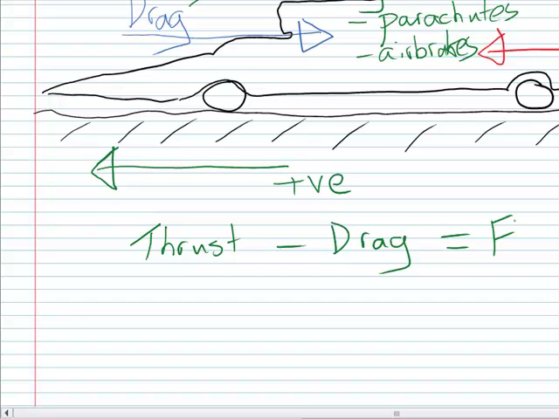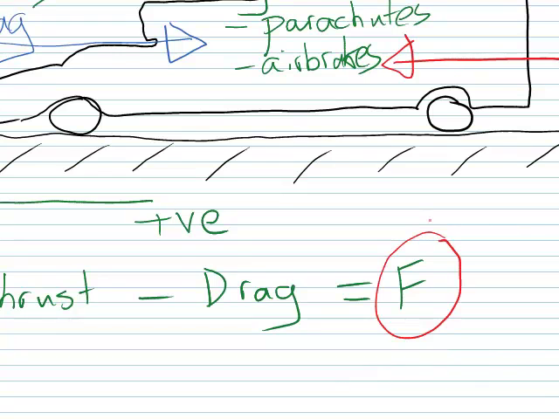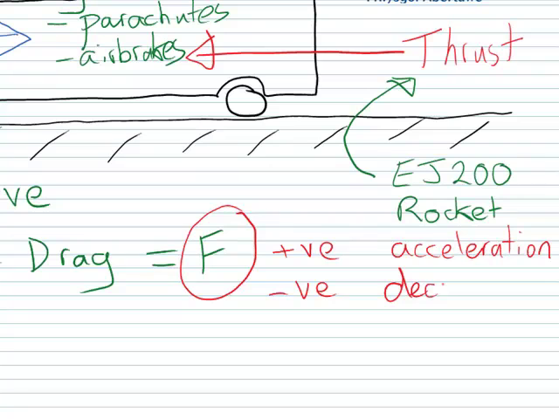And of course, if the car is accelerating, this net force F should be positive for acceleration. If it is negative, the car is decelerating. So if the drag is greater than the thrust, then the car will be decelerating.